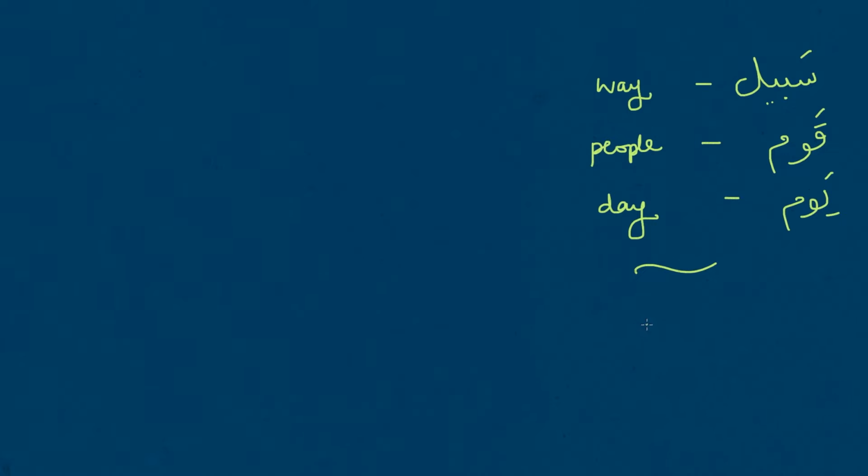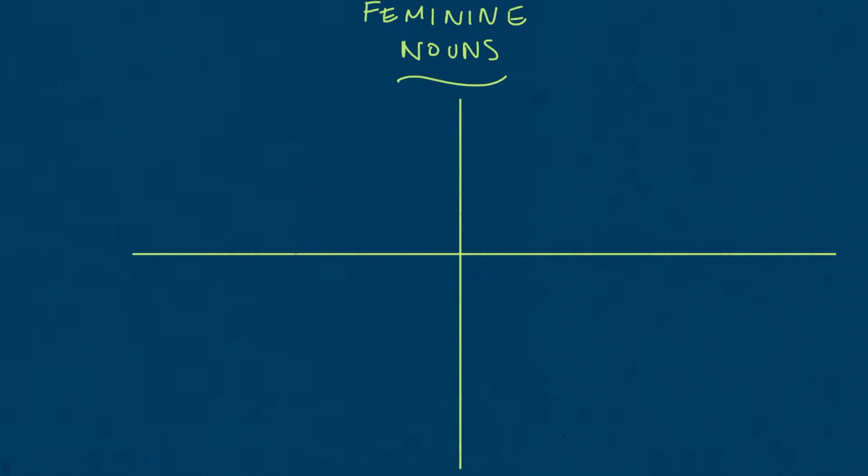Now, when do we know a noun is feminine? Now we can divide feminine nouns into four broad categories. The first category are nouns ending with the ta marbuta. So if the noun ends with the ta marbuta, we know that this is a feminine noun. For example, we have bayyina, which means proof.